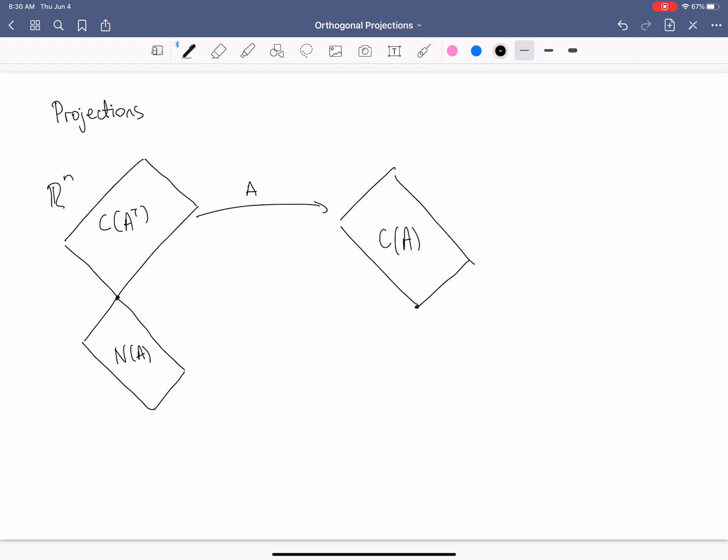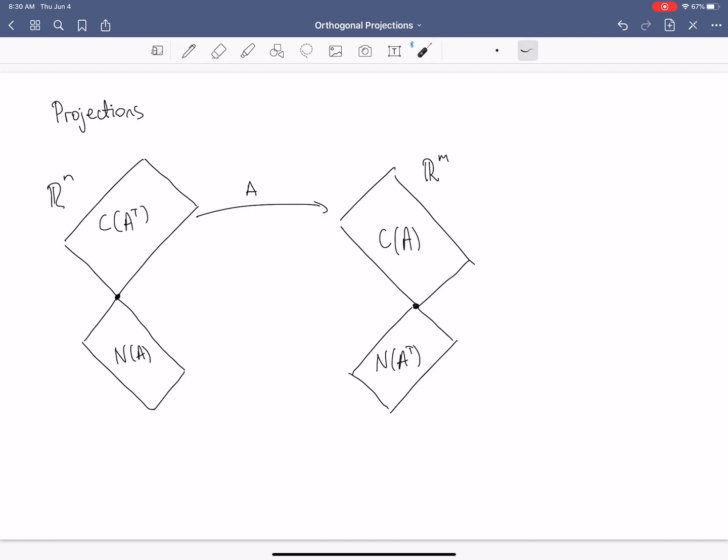And the orthogonal complement of the column space is the left null space of the matrix A. Now, this was in Rm.